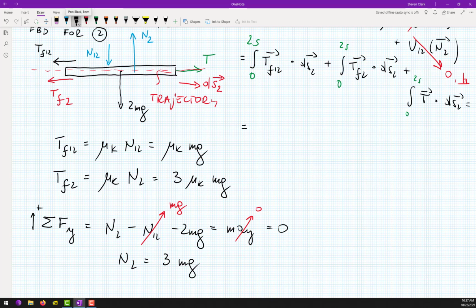So the first integral will be equal to mu k mg times 2s. The second integral, okay, I made a mistake, but I will correct myself in a second, will be equal to mu k 3mg times 2s. And what I forgot about, minuses, as always. Minus and minus.